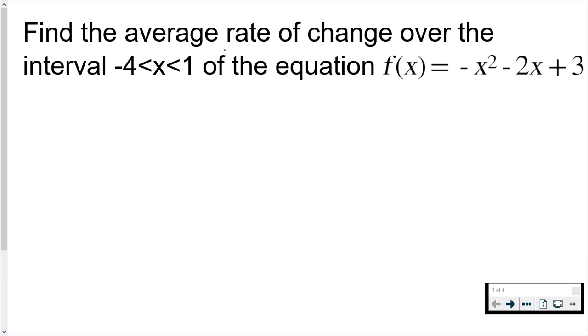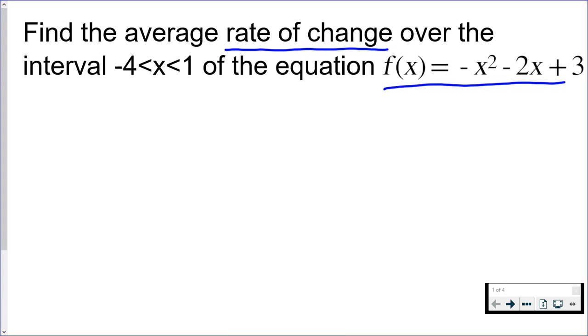If you have learned anything about graphing lines, you may have heard of slope, and you may have heard of slope as described as the rate of change between 2 points. This is a similar concept. In this problem, however, I don't have a line, I have a parabola.